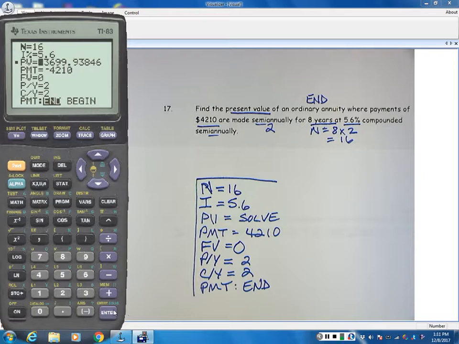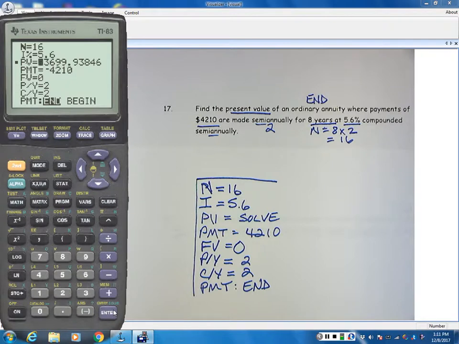So at the end of the 16 payments, the present value that they could have deposited one time, that's basically what this is asking you: how much could they have deposited one time and had the same amount of money that they would have had had they made those payments over time.